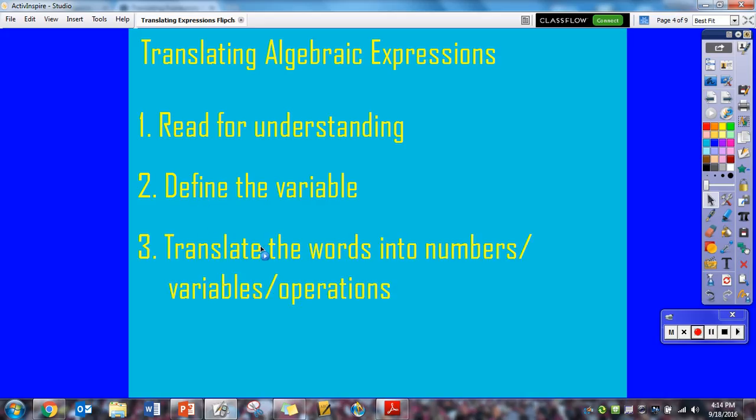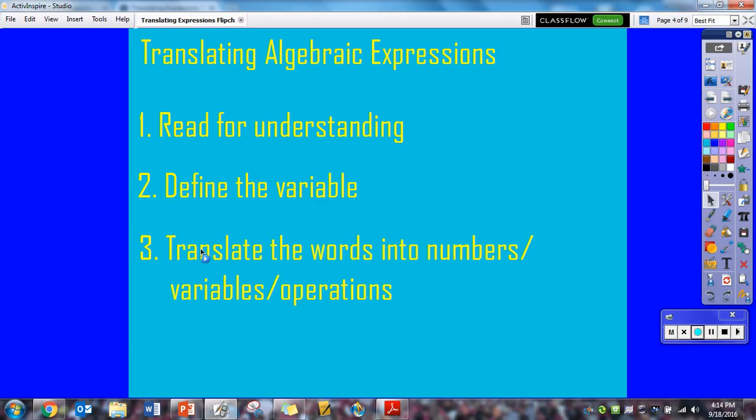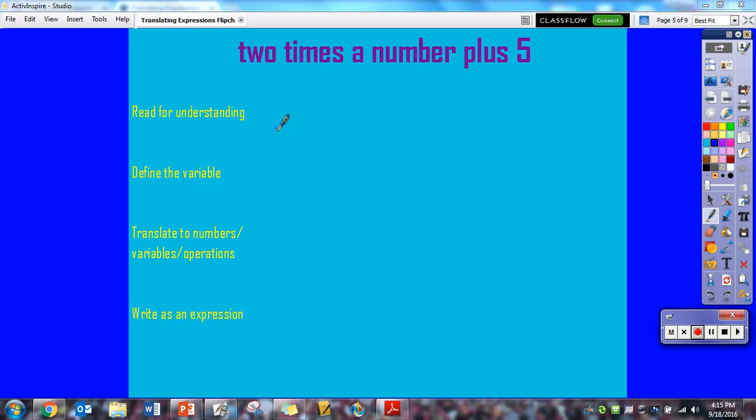Next, we want to translate the words into numbers, variables, and operations. So numbers, we know what those are. Variables would be the letters, and operations would be things like addition, subtraction, multiplication, division. You could also use things like squaring and square rooting. And then last, we want to write it as an expression.